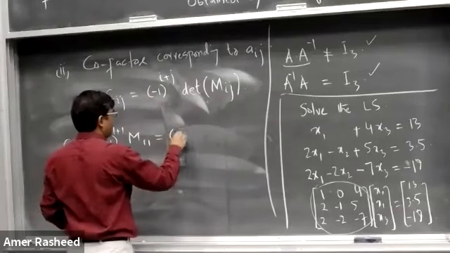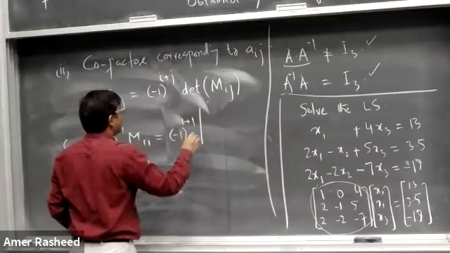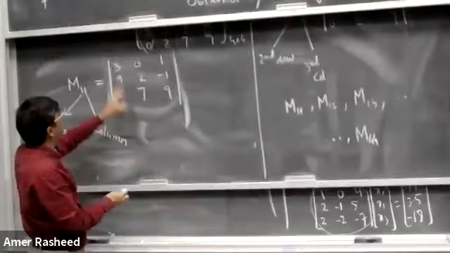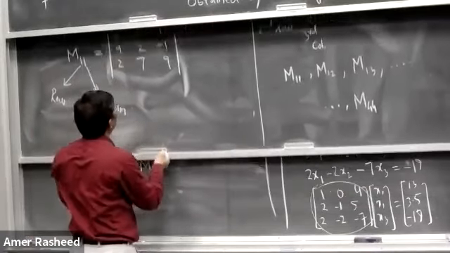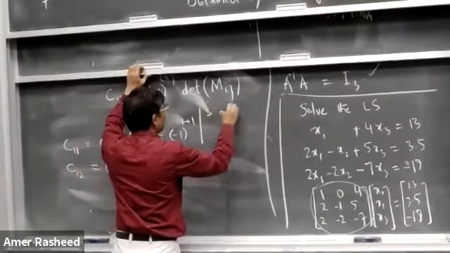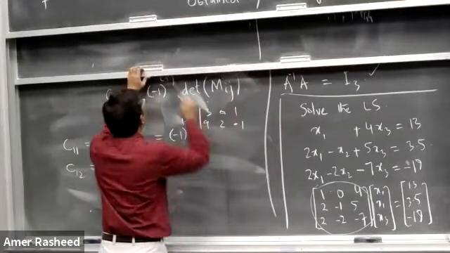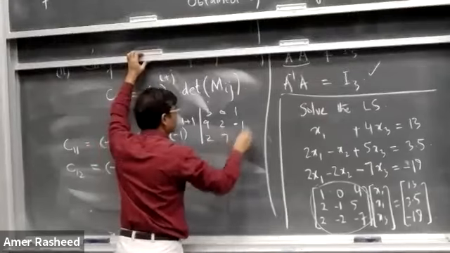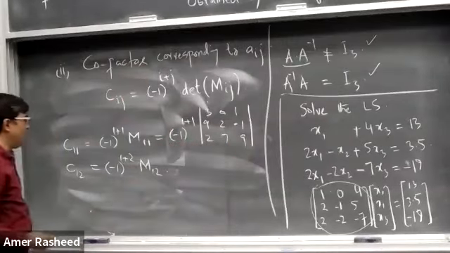It is -1 power 1 plus 1 times the determinant of Mij. Mij is what? 3, 0, 1, 9, 2, -1, 2, 7, 9. So this is your C11.